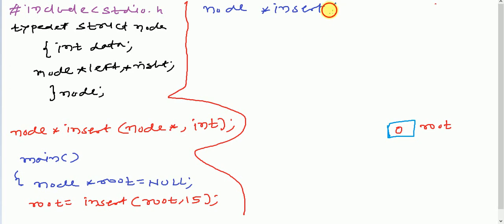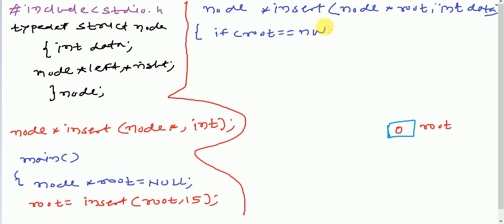Then in the insert function we are taking a root, so we write here node star root and then int data. Okay, so now what are we supposed to do? First step, if root is null, then you can write capital NULL here. If root is null, then we are supposed to create a new root.